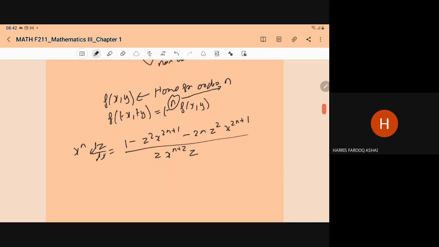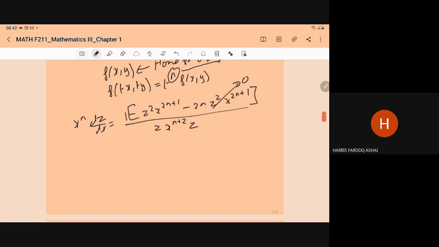So actually how can we separate? If we make this term equal to 0, this term can be written as minus z square x to power 2n plus 1 minus 2n z square x to power 2n plus 1.